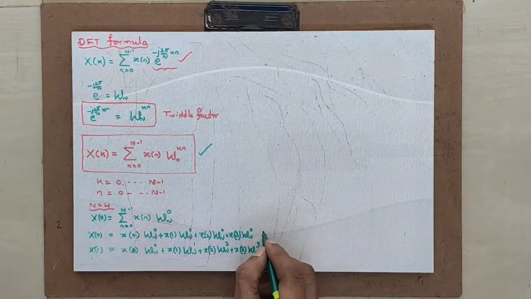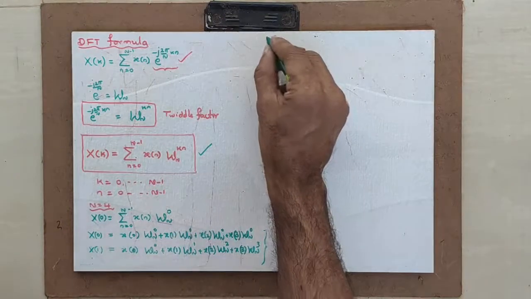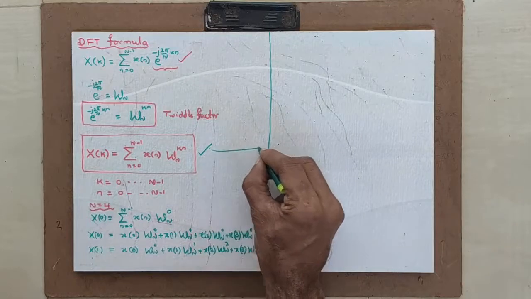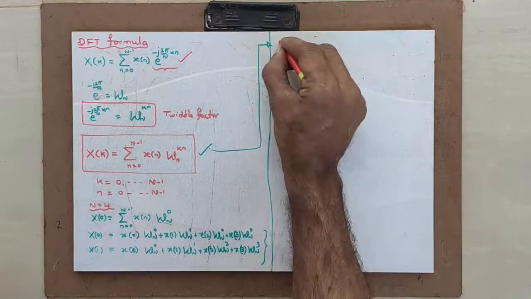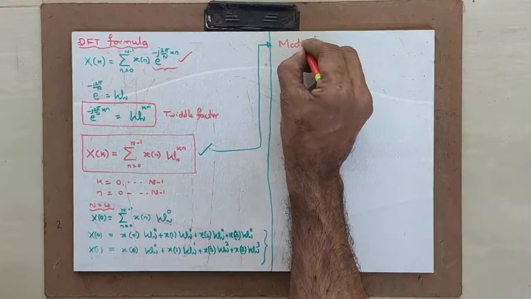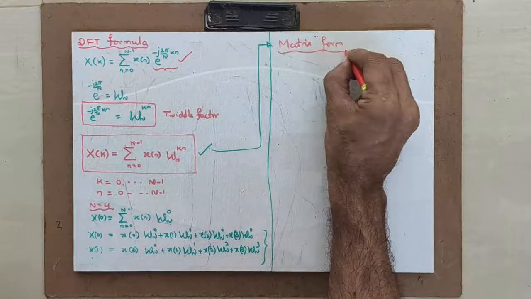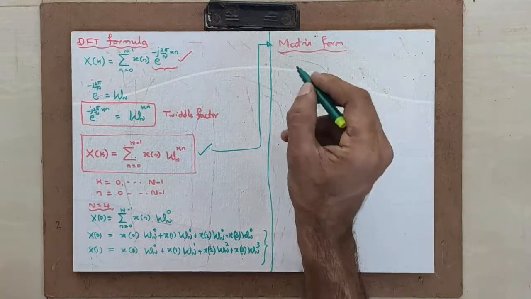Whatever expansion I am doing now, I can keep in matrix notation for easy following. That means this formula I can keep in matrix form. I will write the matrix form now. The DFT formula I can keep in matrix notation. How exactly is that? That is this.